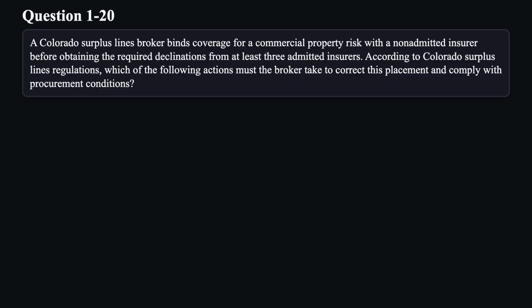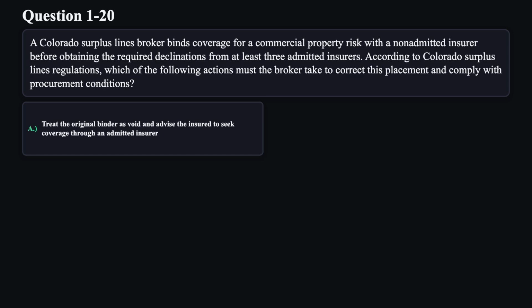Question 20. A Colorado surplus lines broker binds coverage for a commercial property risk with a non-admitted insurer before obtaining the required declinations from at least 3 admitted insurers. According to Colorado surplus lines regulations, which of the following actions must the broker take to correct this placement and comply with procurement conditions?